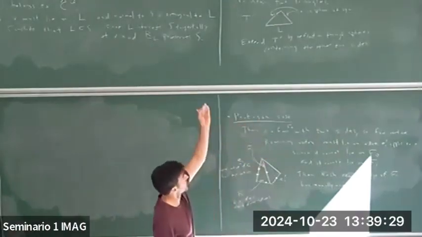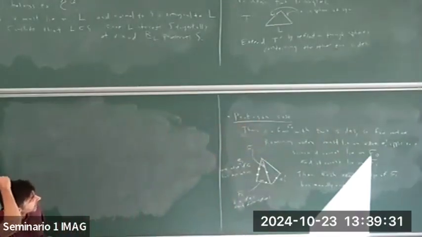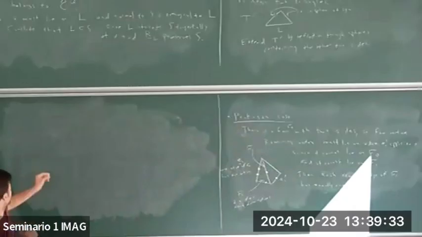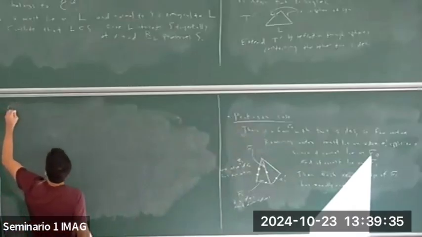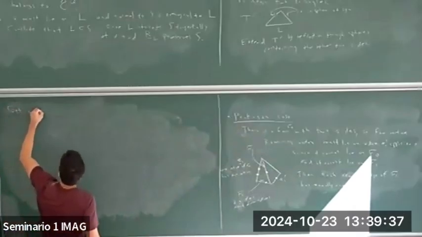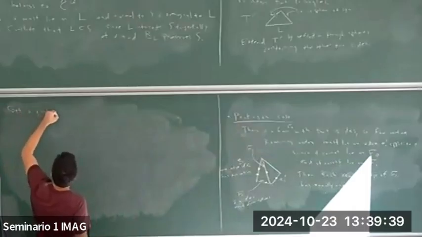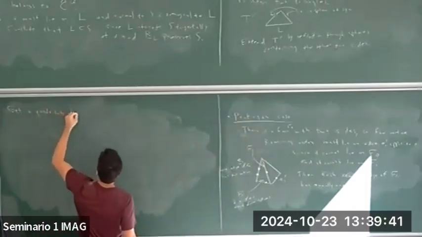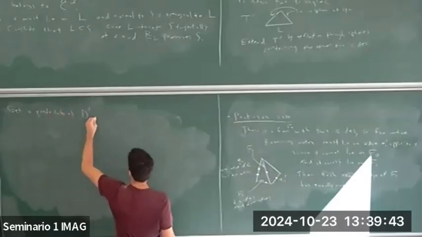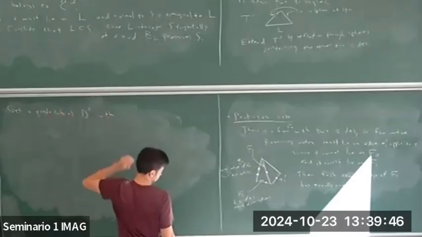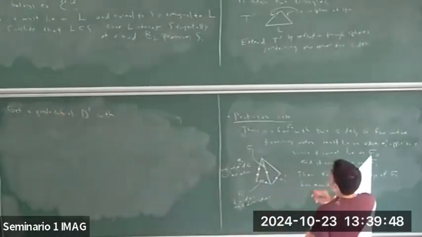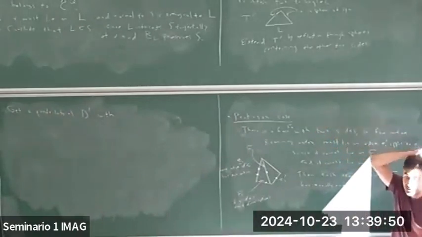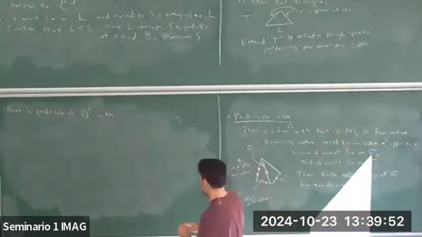Okay, so we do this one reflection and the other reflection, and in that way we get a quadrilateral. Yeah, and its boundary is going to be given by L and its reflections.